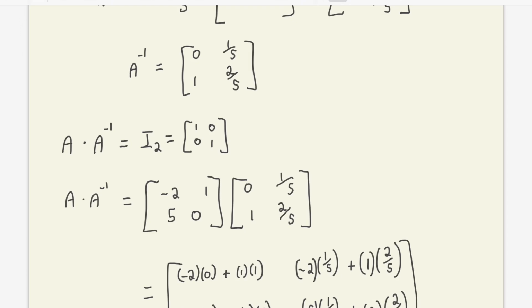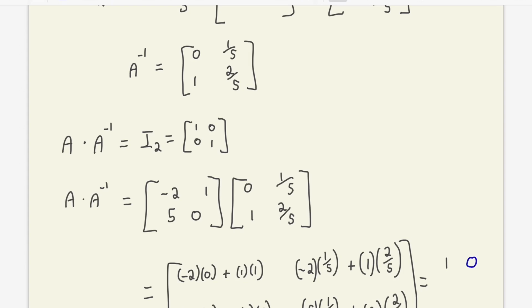And then if we multiply all of those out, -2 times 0 is 0, plus 1 times 1 is 1. So that's our first unit from this calculation. Then our second spot is -2 times 1 over 5 is -2 over 5 plus 1 times 2 over 5. So they are going to cancel out.